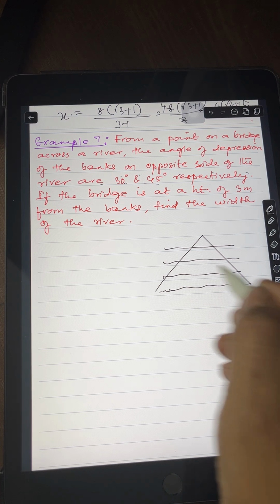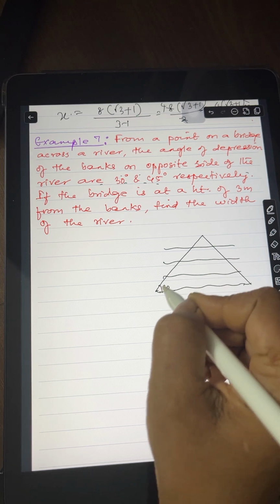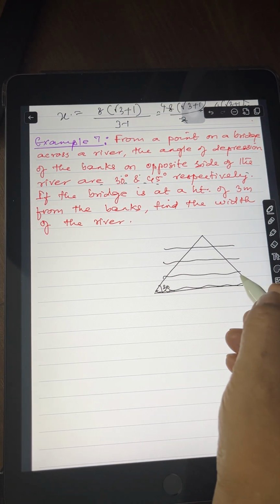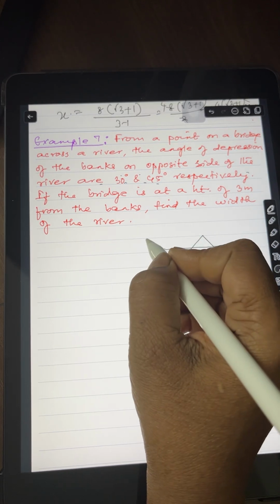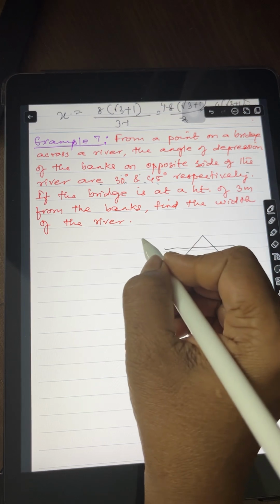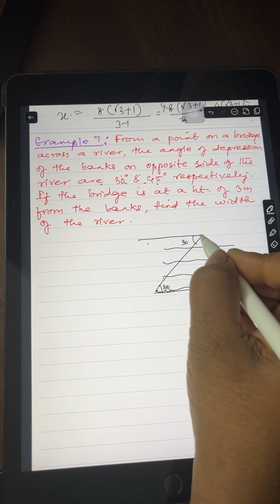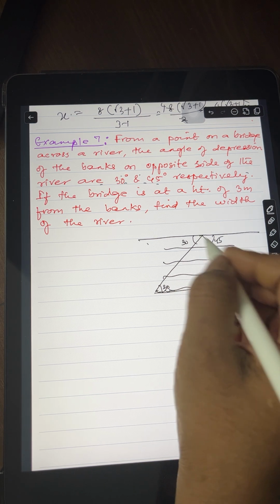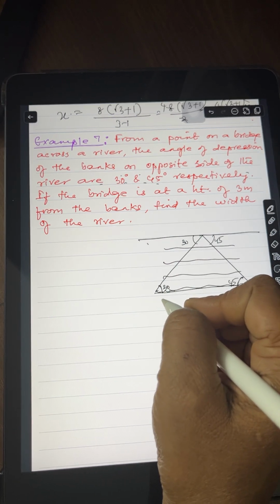Now this is 30. This will be a straight line. This is 30 and this is 45. This one will be a horizontal line, so this angle will be 45 and this angle will be 30.